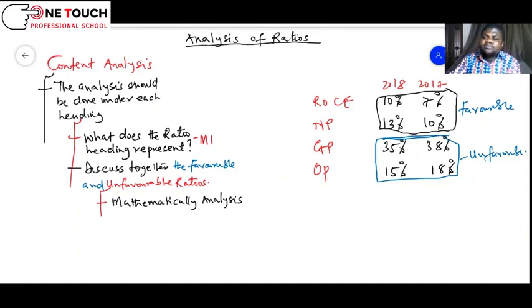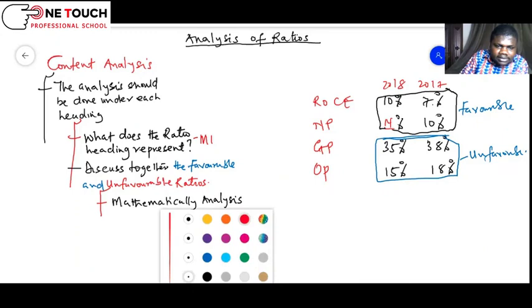You tell us that the return on capital employed, that's the ROCE, and the net profit margin increased by 3% and 4% respectively. You see that I'm dealing with them together. This means that the entity did well in terms of the ability to generate more wealth for shareholders. So you are telling us what it means.